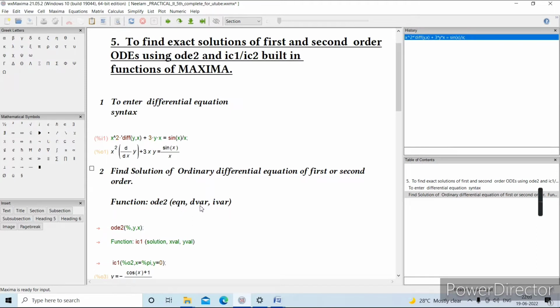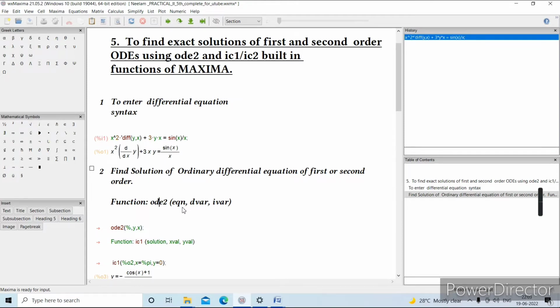Then you will write the dependent variable. In my question, my differential equation is, I will write here this label. Otherwise you can write percentage sign, it means just the line immediately before. Okay, so dependent variable is y and independent variable here is x.